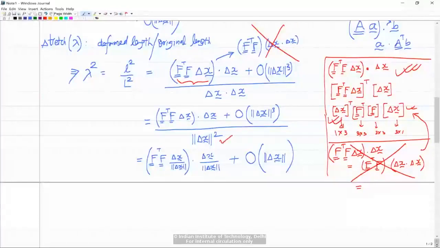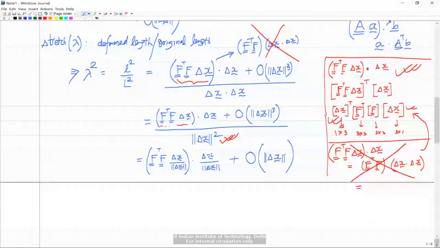See, you had this delta x square in the denominator, and there are two of them, and they are scalars, right? Mod of delta x. Scalars you can send anywhere in the expression. Remember that. You can take them out anywhere, it's perfectly fine. But when it is vectors and tensors, you cannot play with their sequence. They have to be in the same sequence as written. When you see here, it is F transpose F delta x.